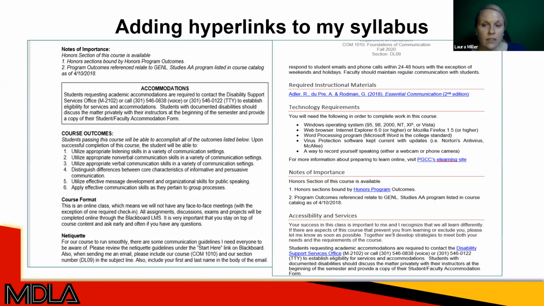I've also included a link to our e-learning site, the honors program on our campus, as well as the Disability Support Services Office. So by including these links, I've just reduced the time and effort it takes my students to access resources, campus resources, as well as textbook information.